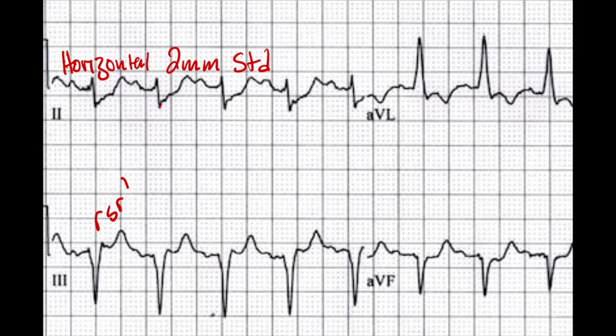Sometimes the baseline can be a little harder than the J point, right? As we come from P to P, maybe a little bit of ST elevation, about 1 millimeter. And our T wave is upright, which is what we would want.